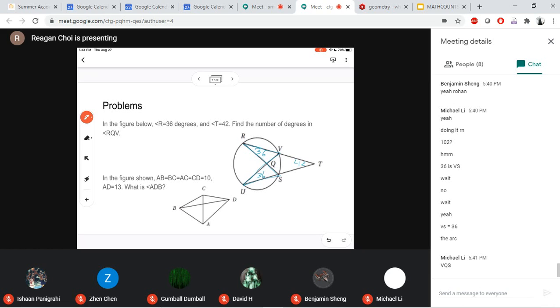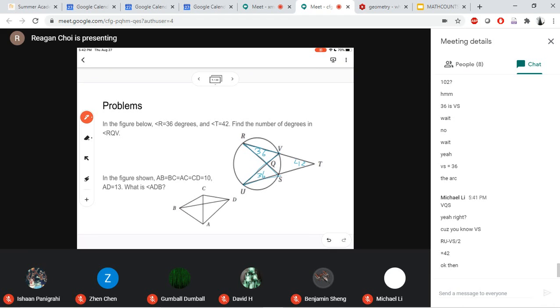Wait, how? Since I know VS. Oh yeah, that's true. RU minus VS equals 42. Yeah, that's the way to do it. I didn't see that. I think my way's a little easier though. Anyway, we'll go with Michael's method.